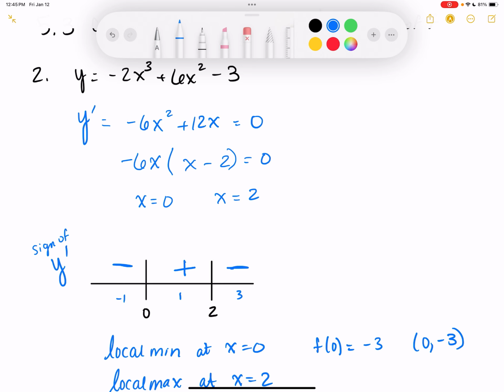Well, if you were wondering, if you plug it into the derivative, it's 0. That's why 0 and 2 were the zeros. So if you plug it back into the function, it should not be 0. I'm getting 5. That makes sense. 5 is what it should be.